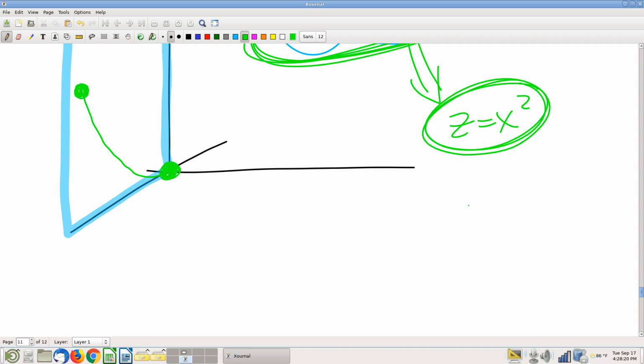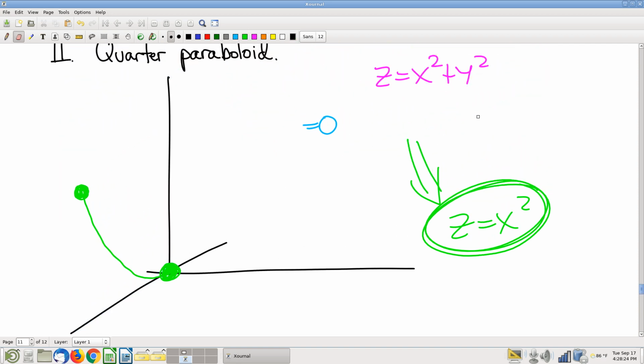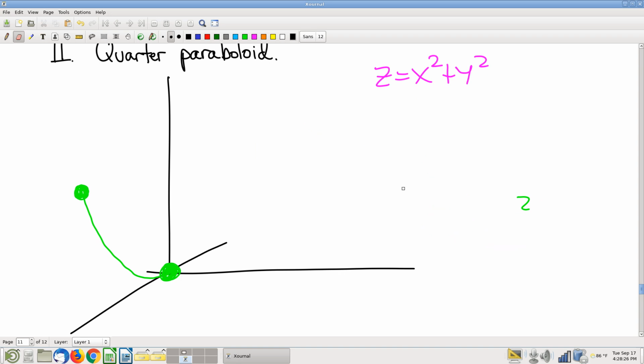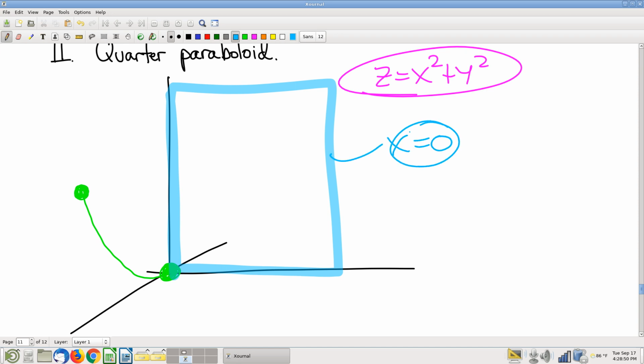Okay. All right. So next thing, let's look at this paraboloid that I'm trying to draw again. And so this is what we're trying to draw. And let's think about what is going on inside of this plane. How does this back face of our quarter paraboloid, what is that going to look like? Well, that back face has equation x equals 0. Right?